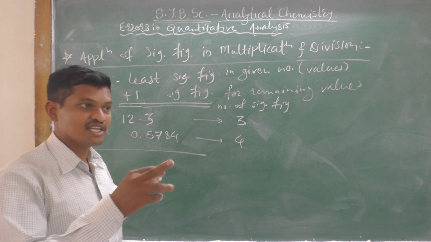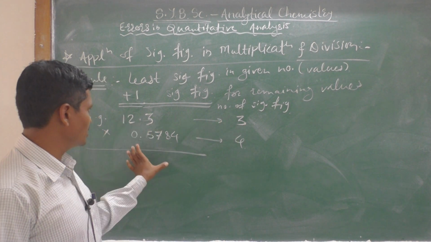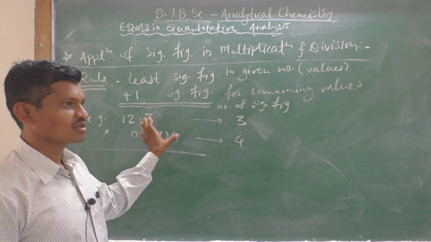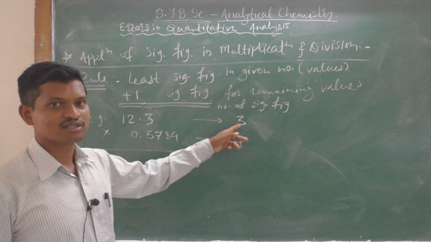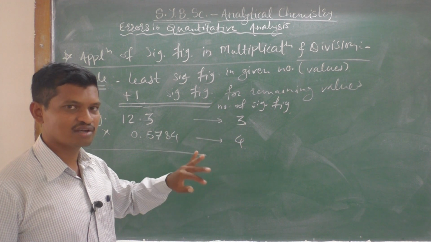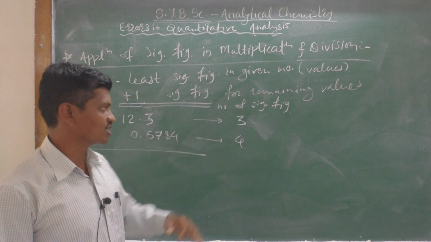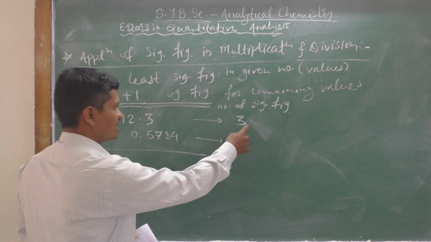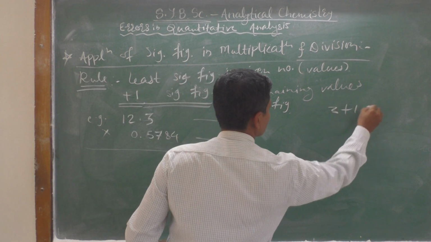Now in case of addition and subtraction, what is the rule? We can add or subtract only up to the least significant figure. Okay, but in case of multiplication and division, one extra significant figure is allowed for the remaining numbers. So for this number it is 3, and 3 plus 1 is equal to 4.